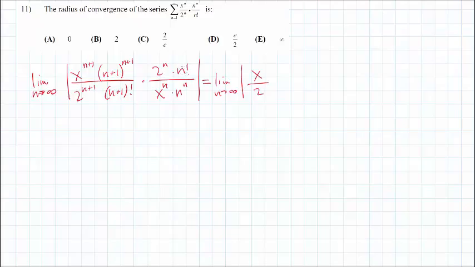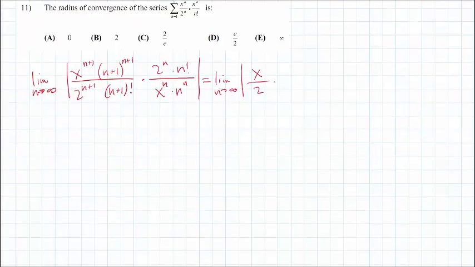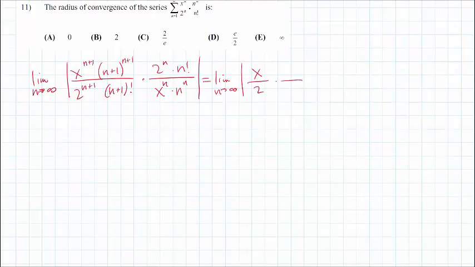The n factorial and the n plus 1 factorial ends up with an n plus 1 down in the bottom. And now we've got this thing, n plus 1 to the n plus 1 power over n to the n.